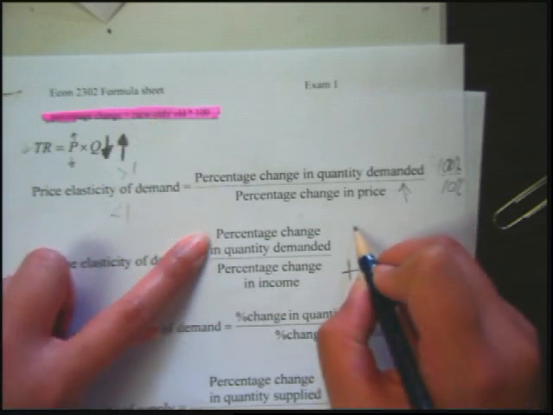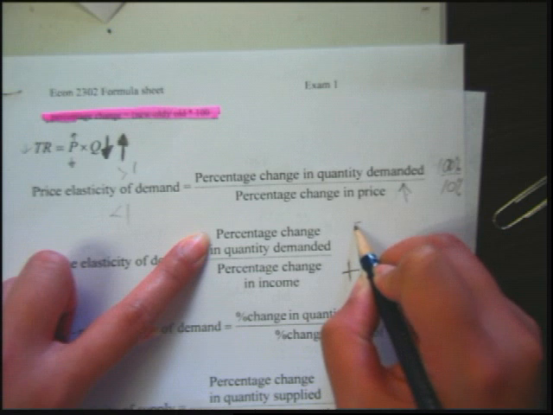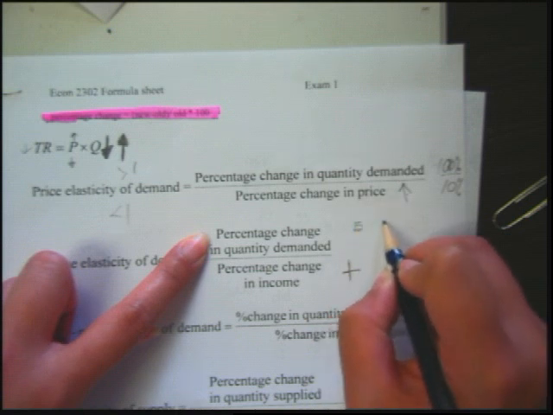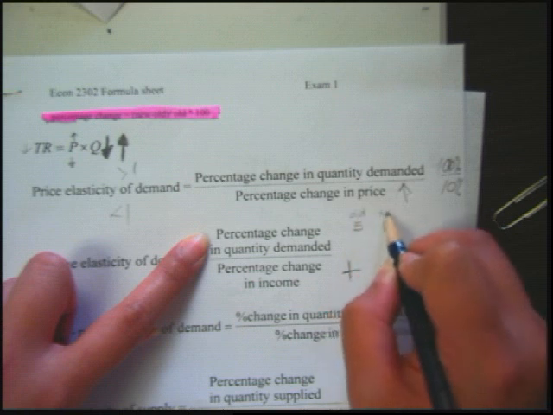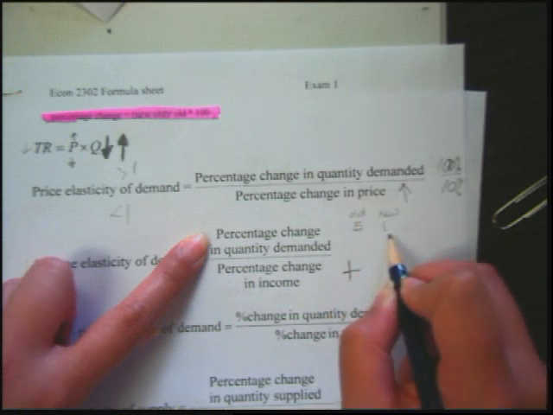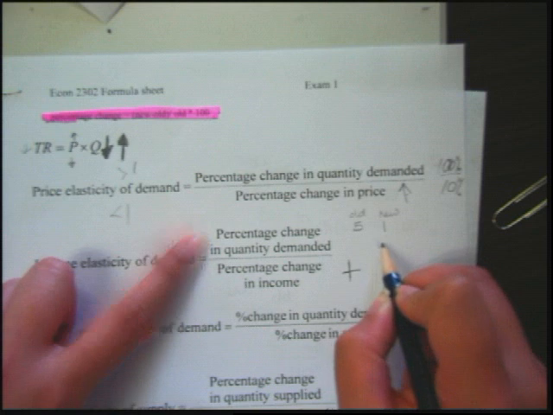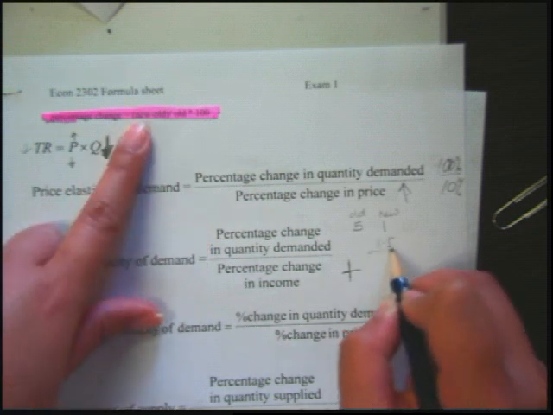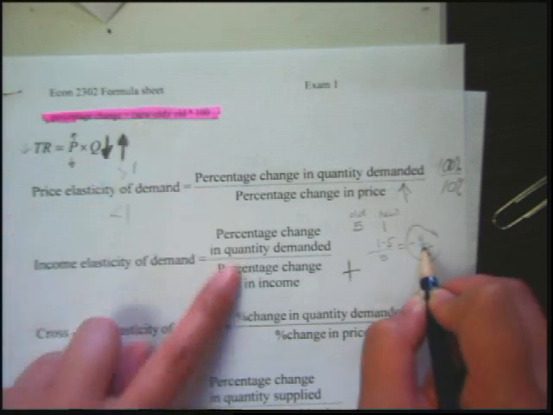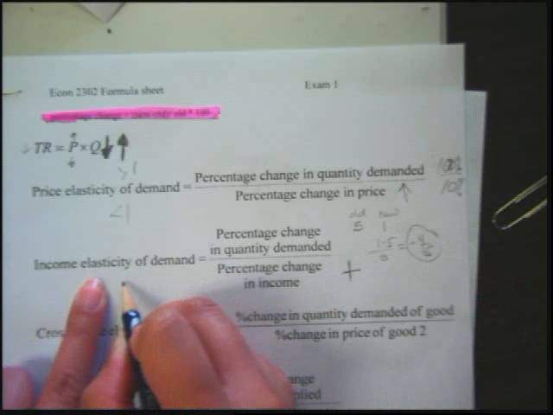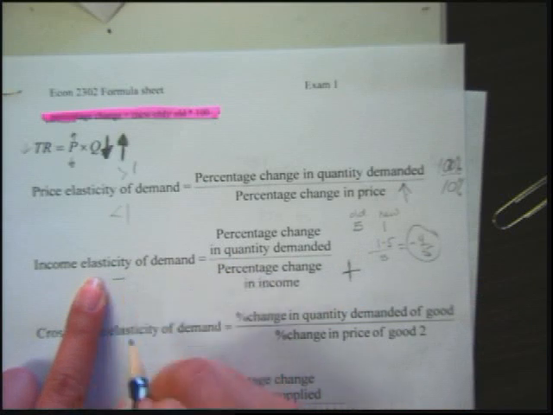But if your consumption of ramen noodles goes from 5 packets a month down to 1 packet a month, so this is your old number, this is your new number, for our formula, we're going to do 1 minus 5 over 5, right? And then get a negative number on top. So this is going to make our whole thing negative.